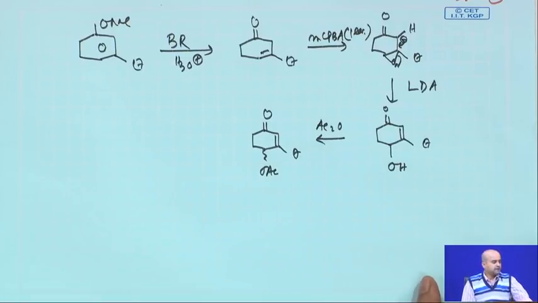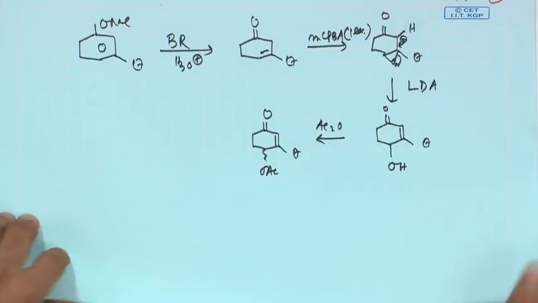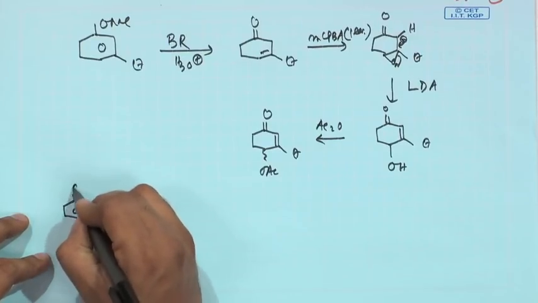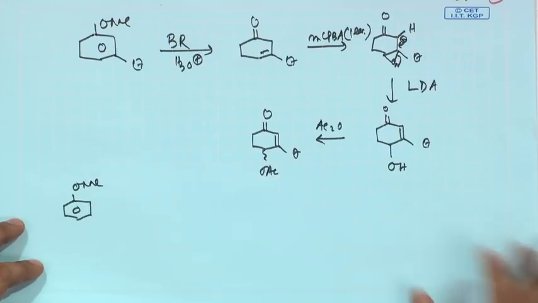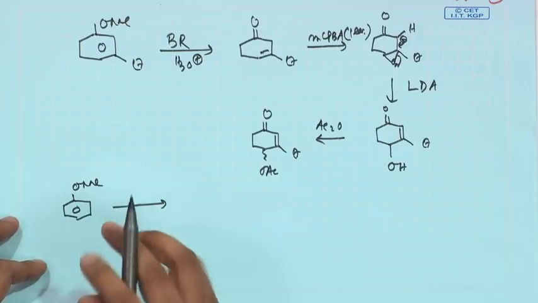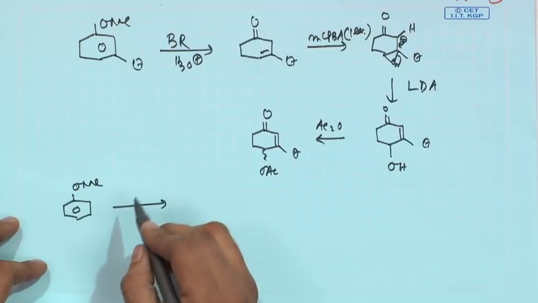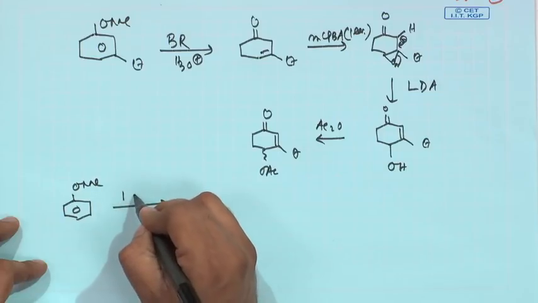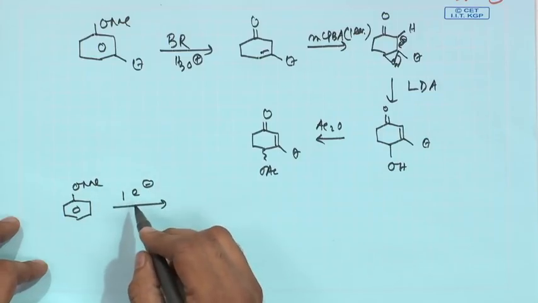Now, this Birch reduction, as we explained, if you have an electron releasing group, occurs in a different way, and it gives you a very nice non-aromatic hydrocarbon. Birch reduction is basically a single electron reduction.